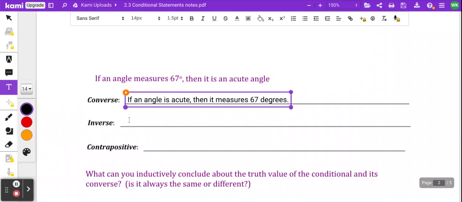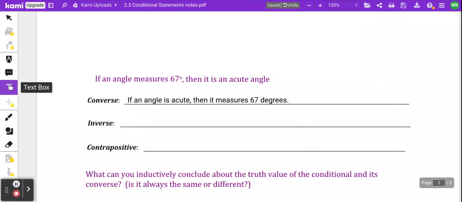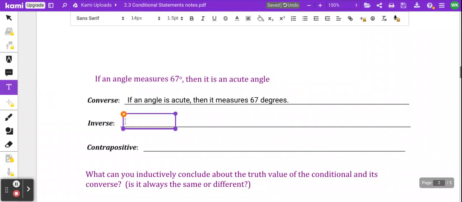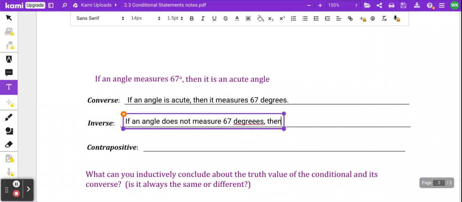Try to form the inverse. The inverse of the statement will be, if an angle does not measure 67 degrees, then it is not acute.